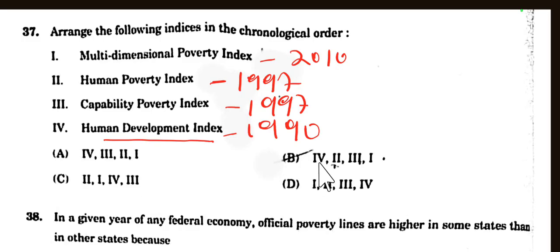So it may be IV 2 3 1 or IV 3 2 1, either option A or B, because the Human Poverty Index and Capability Poverty Index both came in 1997. So first is the Human Development Index, then the Capability Poverty Index, Human Poverty Index, then the Multidimensional Poverty Index. Option A is the right choice.